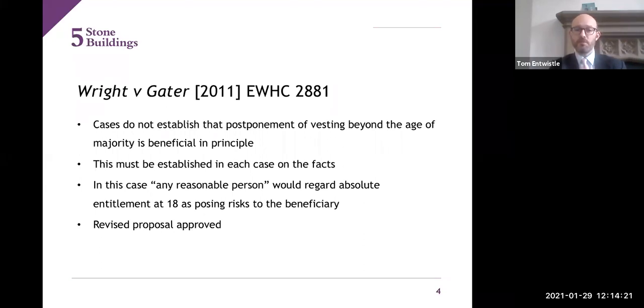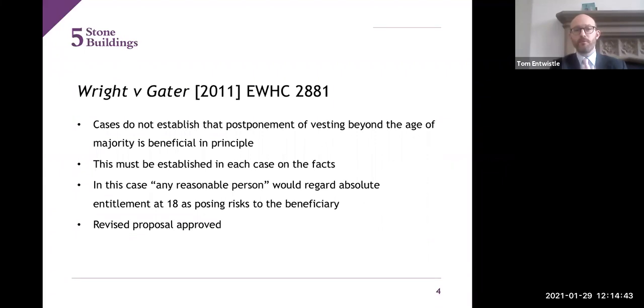And this gave rise to 2 problems. The first was that the grandfather's estate was effectively subject to IHT twice, being taxed on both deaths. And secondly, the child's mother felt that it was not in his interests to receive his entitlement at 18, as provided for by the intestacy.